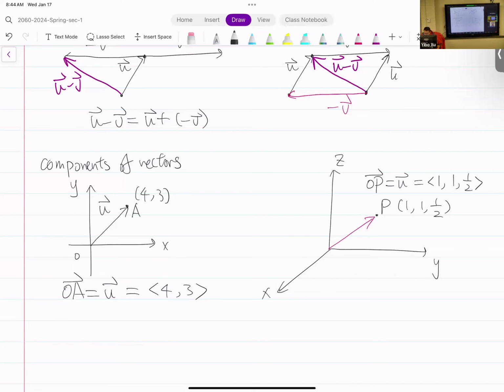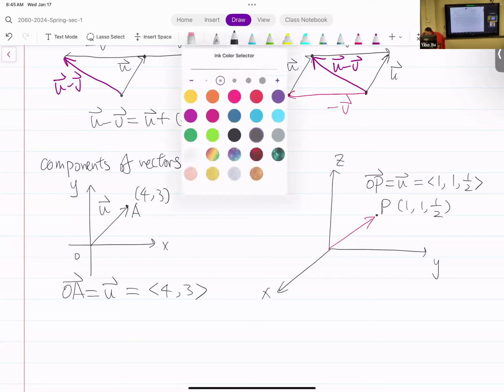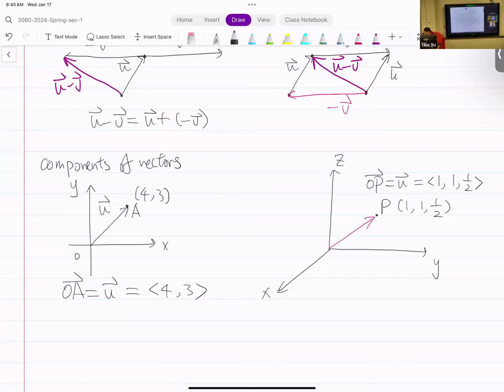But now, in order to sketch it, we need to realize that this is the corner of a hyperrectangle, like this. Let me move the point a little bit to the right.